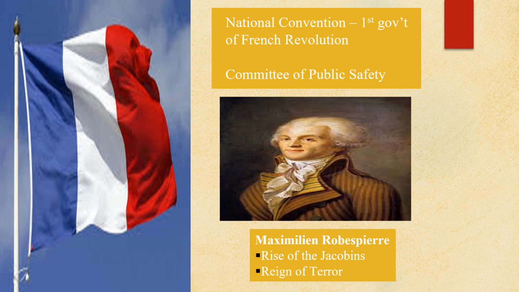Because those people, if you do not agree with what they want, then right away you will be killed. So those who disagreed with what they wanted to do were killed. And at that time, over 40,000 people died.